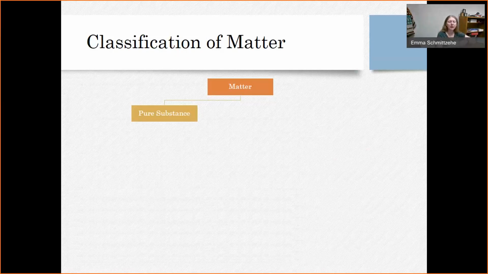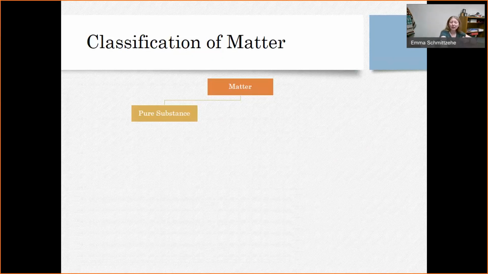When I pick that sample apart, it's a constant composition chemically throughout, okay? And so you can pick it apart all you want and you still have that same pure substance. So you can't physically separate it into new things, okay?